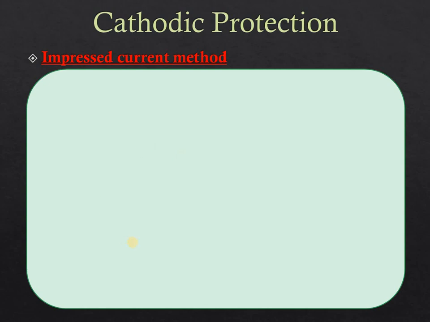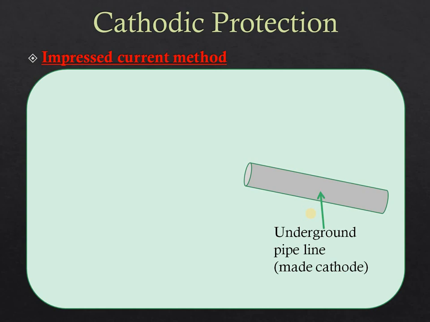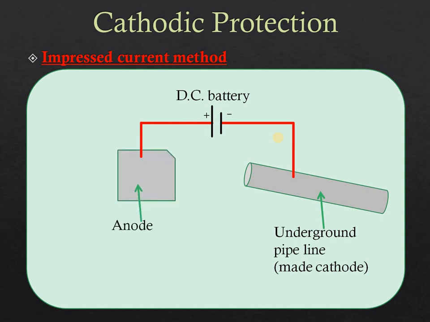Here we will discuss the impressed current method with the help of a diagram. Suppose this is the metallic structure we want to protect from corrosion. This is the underground pipeline, and it is made a cathode by connecting it to the negative terminal of the DC battery, while the positive terminal of the DC battery is connected to an insoluble anode.